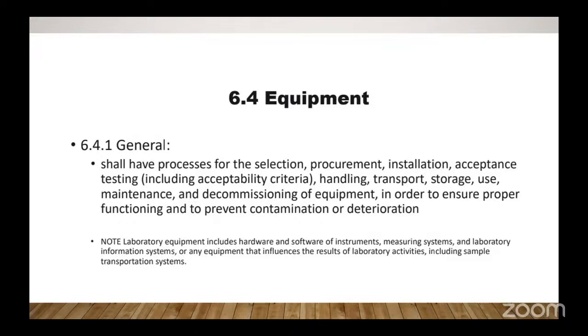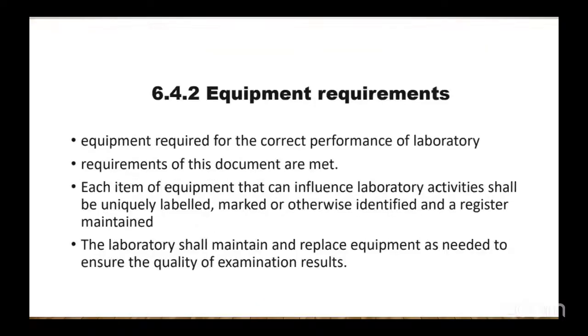When we talk about equipment, we mean both software and hardware of instruments, your measuring systems, your laboratory information system (LIS), or any equipment that can influence the result of laboratory activities, including the sample transportation system, your bikes, or a courier system if you have one. All of these fall under equipment.